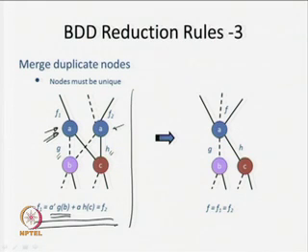So, in this particular case we can say that these are basically some sort of duplicate nodes that we have in our BDD. So, what we can do now? We can eliminate these or merge these two nodes to a single node. So, in this particular case both F1 and F2 will be equal to your F. So, we can say that merging these two nodes to 1 and these are the sub function that we are having.